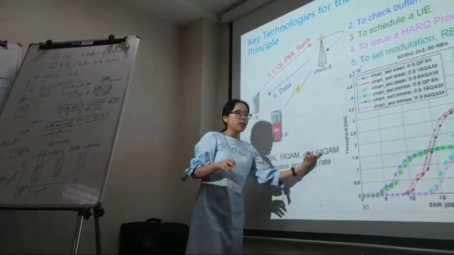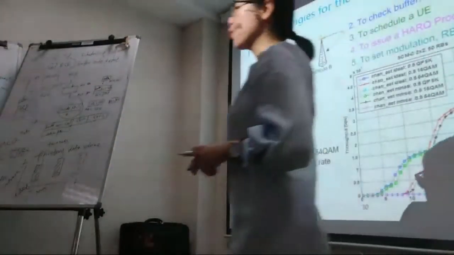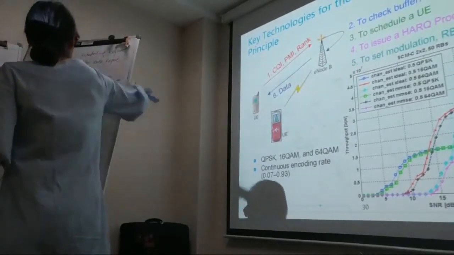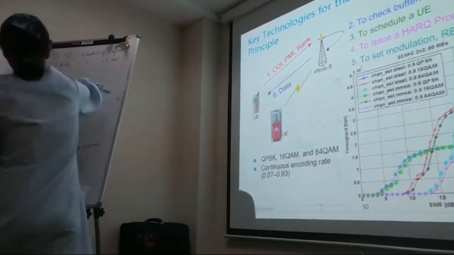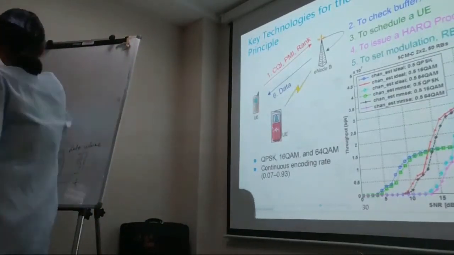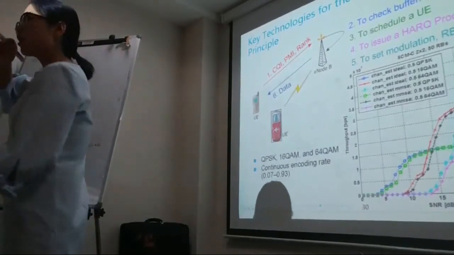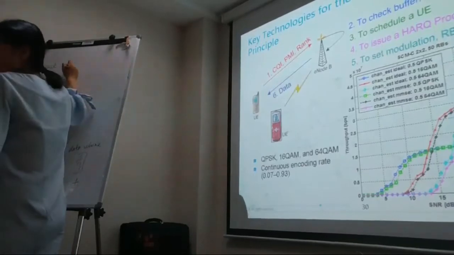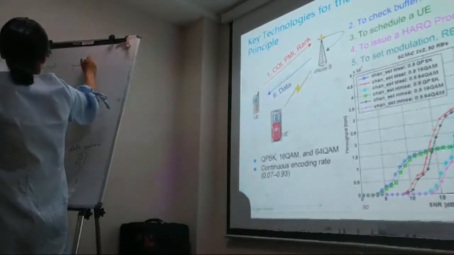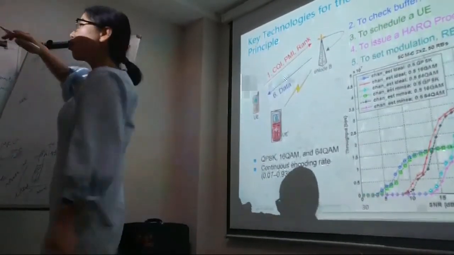So this will affect the bit rate, right? For QPSK, if we use QPSK modulation, that means one symbol contains how many bits? 2 bits, right?